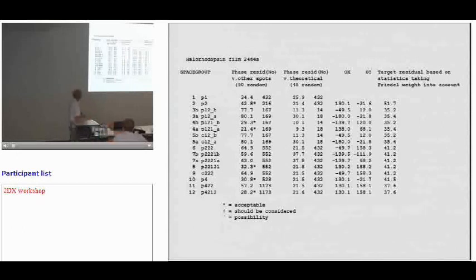It could be slightly tilted, and then it gives you this symbol, which is acceptable if it's within, I think, 1 degree of that. You can see here all the symmetries for halorhodopsin, where the space group is actually P4212. You get a 28-degree phase residual for all the spots that were used.